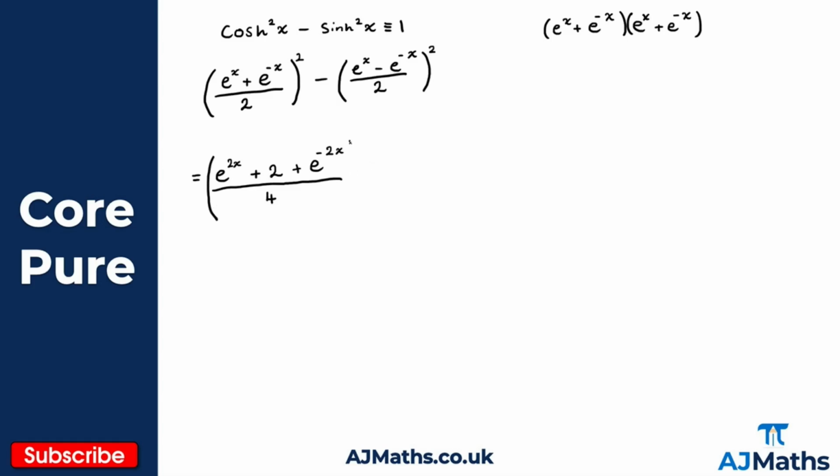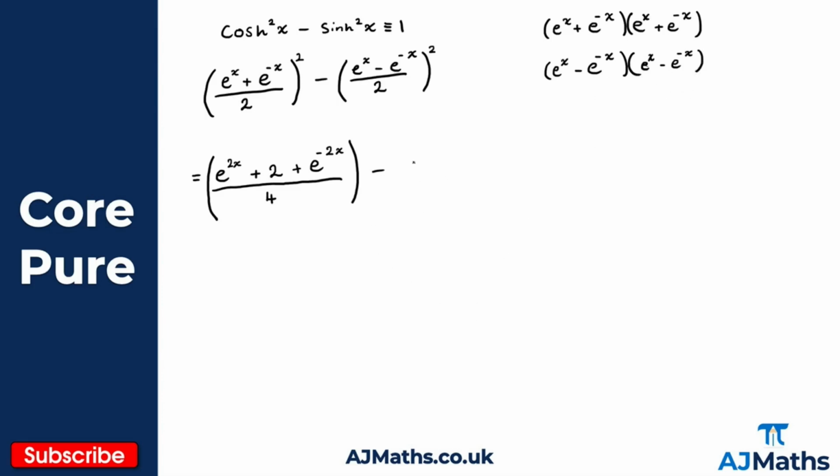I'll put it in brackets to make it clear that it corresponds to this one. We now minus this expression squared. Again, I need to expand the numerator using double brackets. This would be e to the x minus e to the minus x, times e to the x minus e to the minus x. Be very careful here with the signs, it's really easy to make a little mistake.